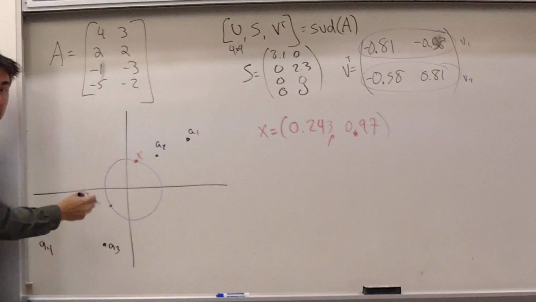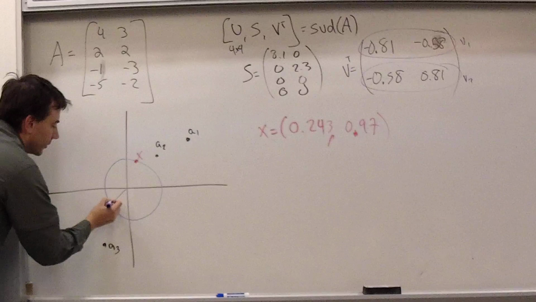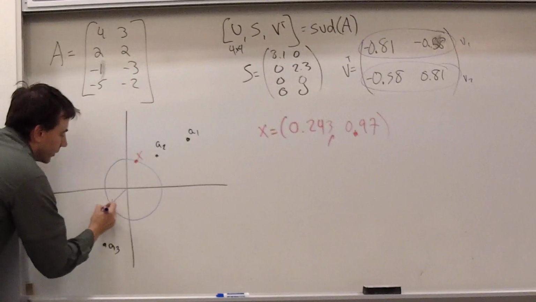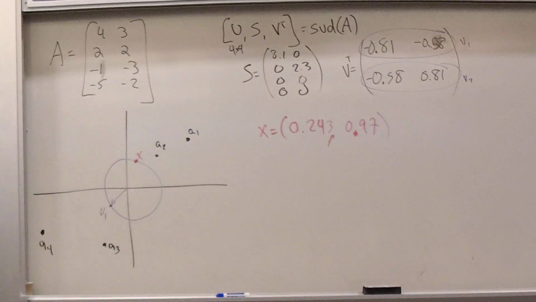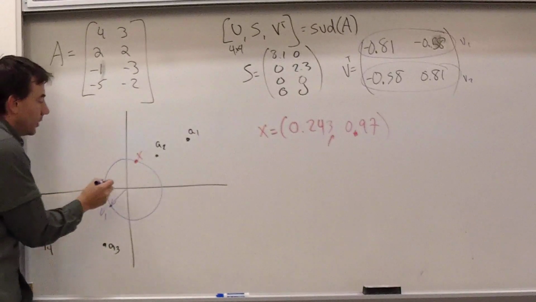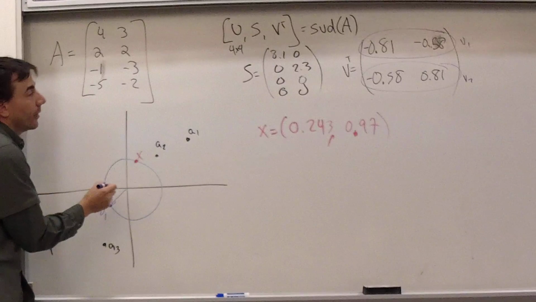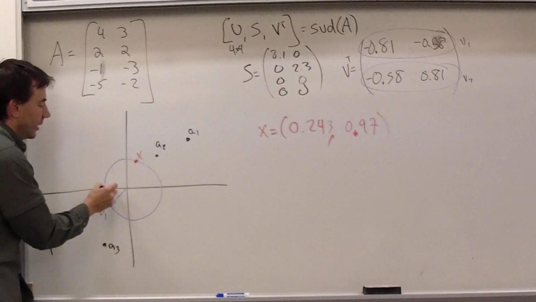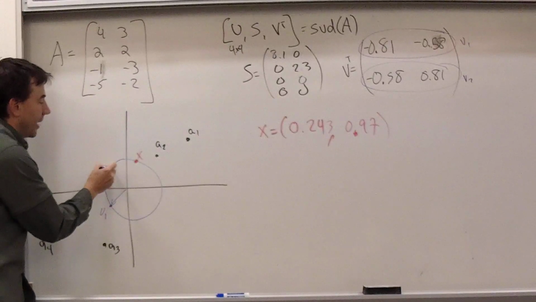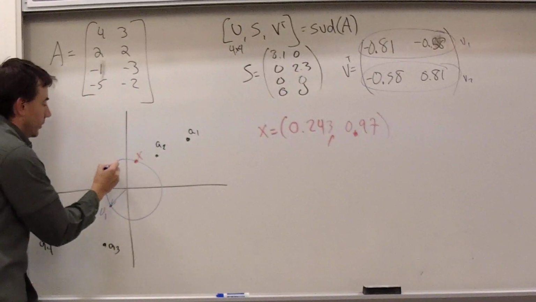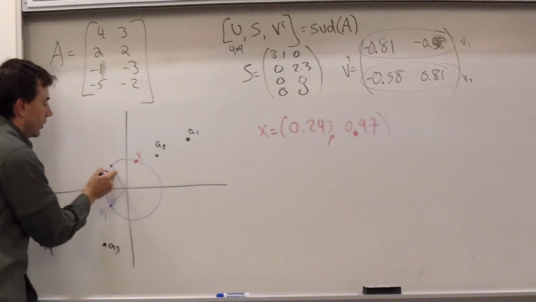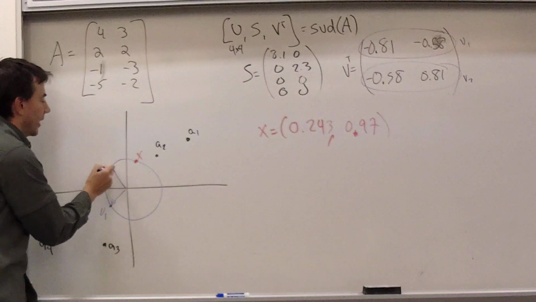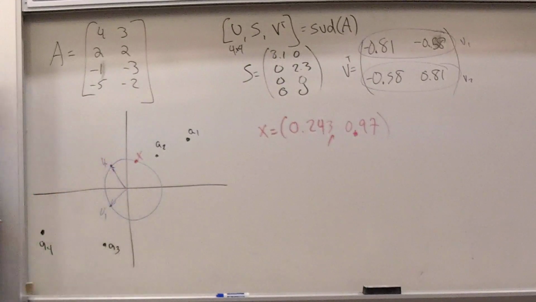So it should be a unit vector. That's about here. This is going to be v1. And v2 is going to be orthogonal. So it's going to be minus about 0.6, positive about 0.81. So this is a vector which is orthogonal here.